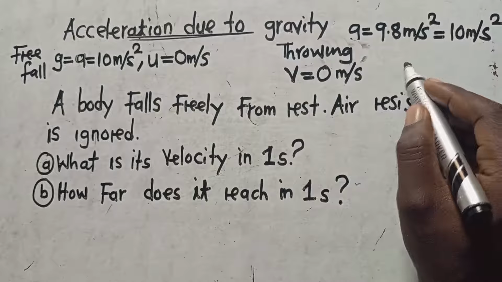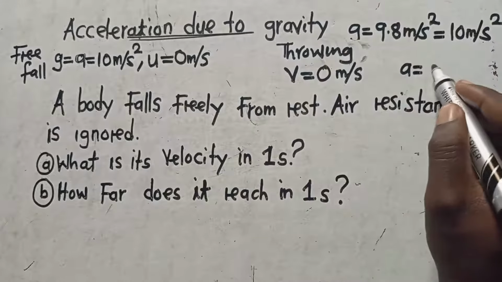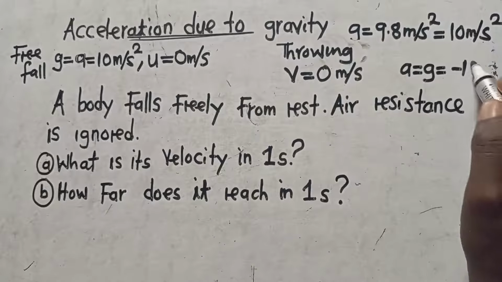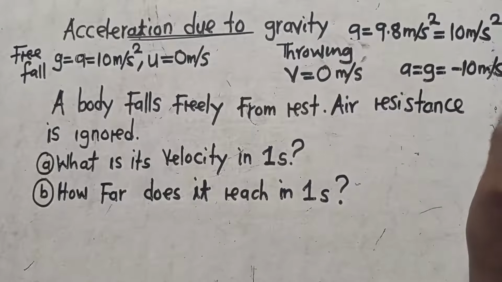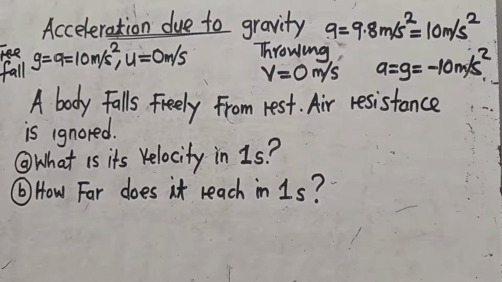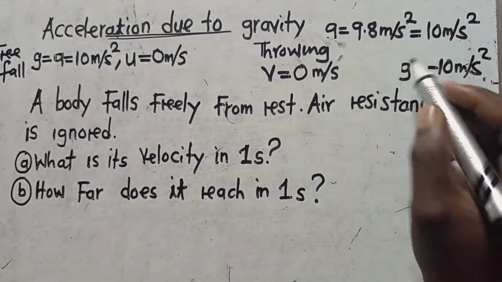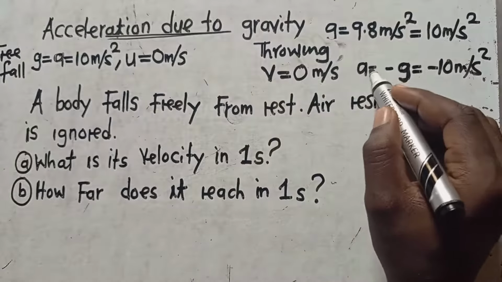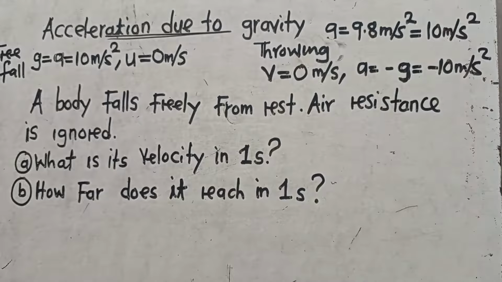But the acceleration due to gravity will be negative 10 meters per second squared. So we are going to have negative gravity. This is what you need to understand. Gravity will be negative. This gravity is also called acceleration. These are some of the things that you need to know and understand.